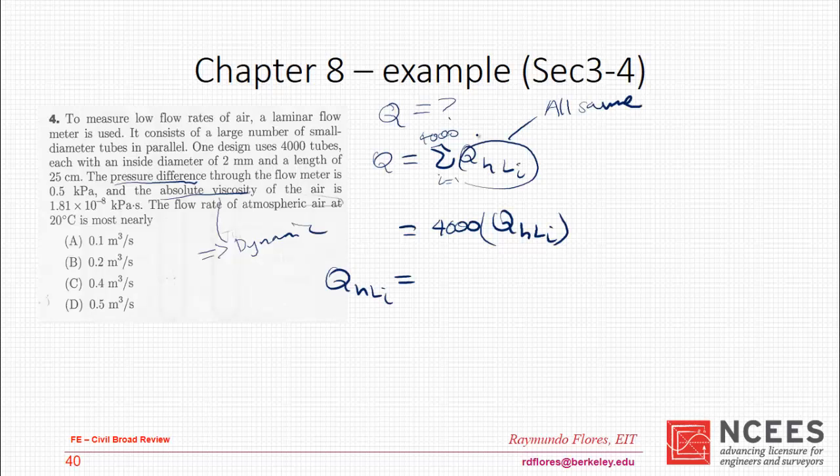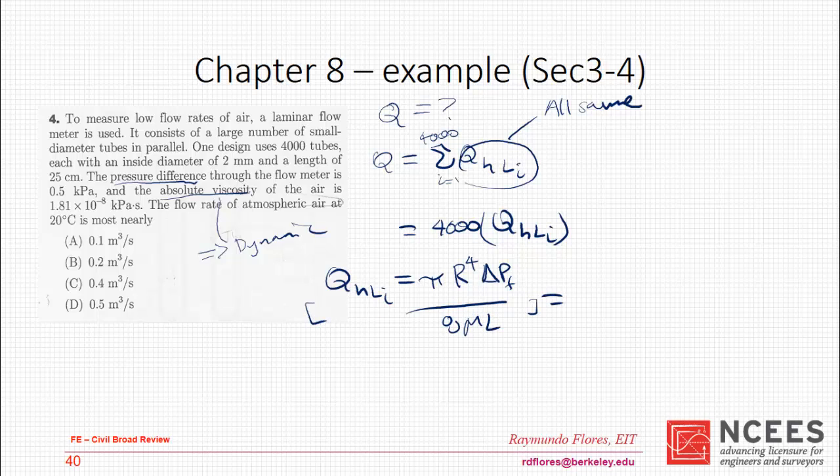If we use this equation, then Q is going to be pi r to the fourth delta P divided by 8 mu L. This one seems kind of questionable, but I think we're just going to go ahead and use it. It says absolute viscosity. I think they still mean dynamic. So let's go ahead and compute that.